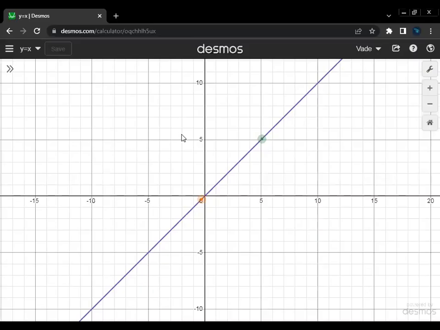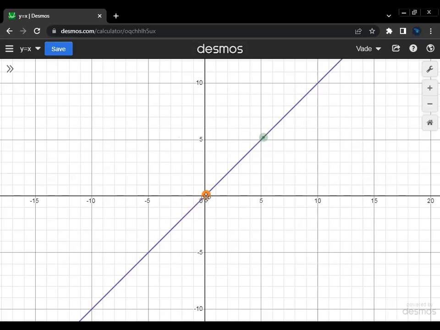So now let's use the Desmos application. Here we go. We have a graph of y is equal to x, with a yellow point and a green point, and you have this line here. I want you to find the slope of this line.